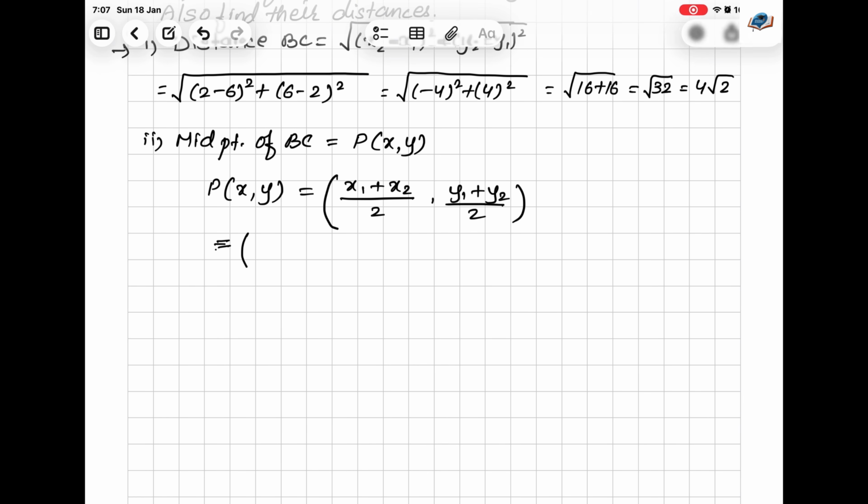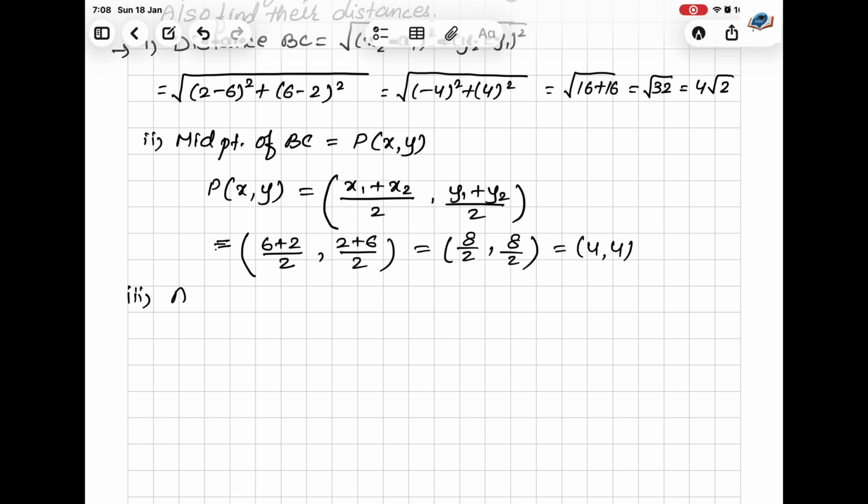Solving this I will easily get (6 plus 2) upon 2, (2 plus 6) upon 2. So that is 8 by 2, 8 by 2. So that will be equal to (4, 4). So required point is (4, 4).